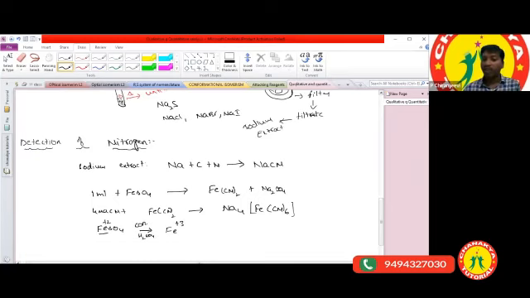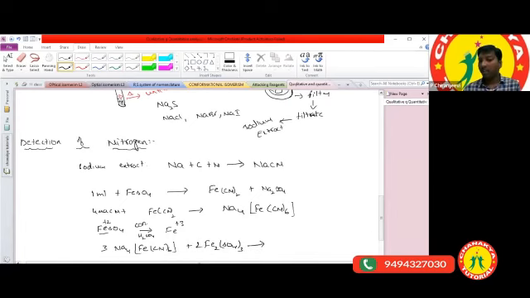Then those ferric ions are treated with the sodium ferrocyanide. That means 3 moles of Na4[Fe(CN)6] is treated with 2 moles of Fe2(SO4)3, the ferric sulfate.